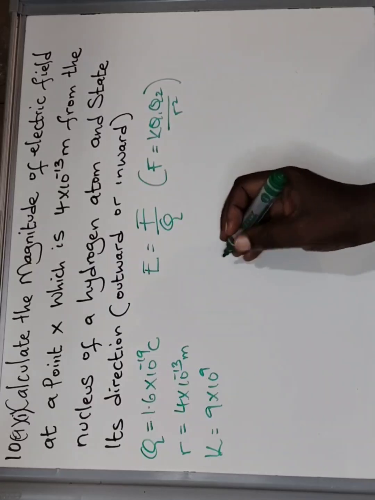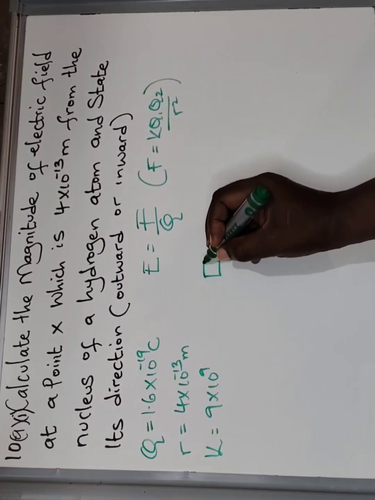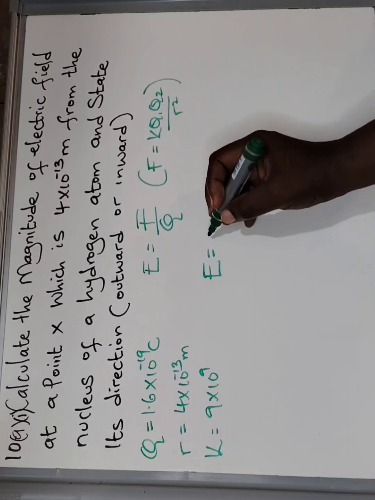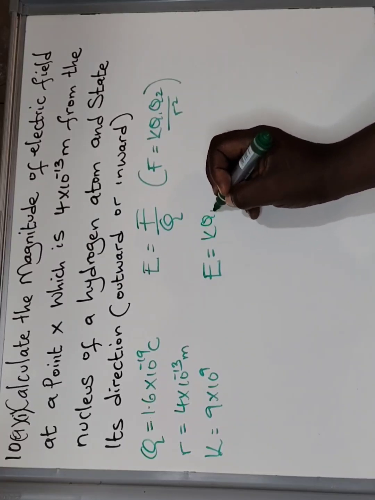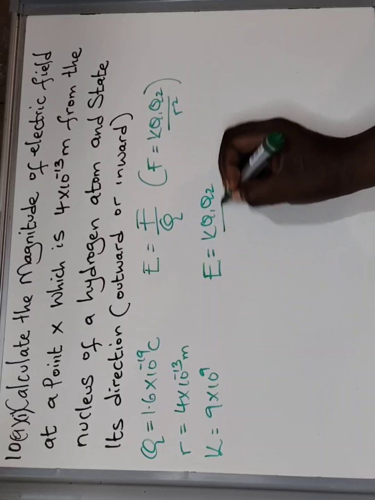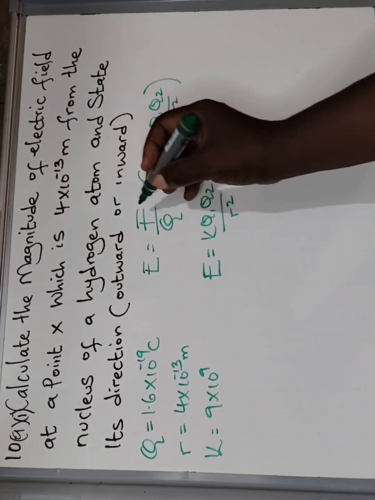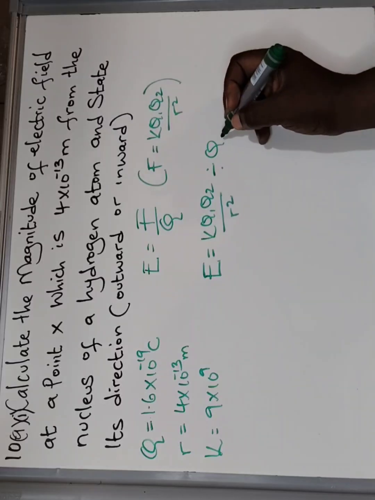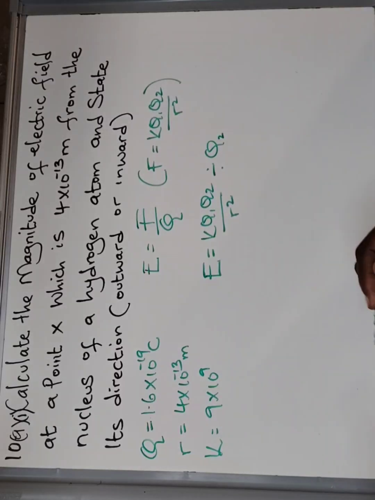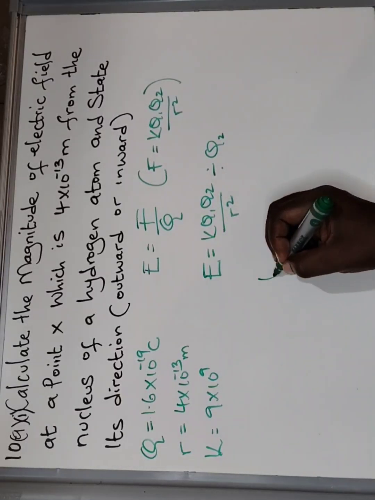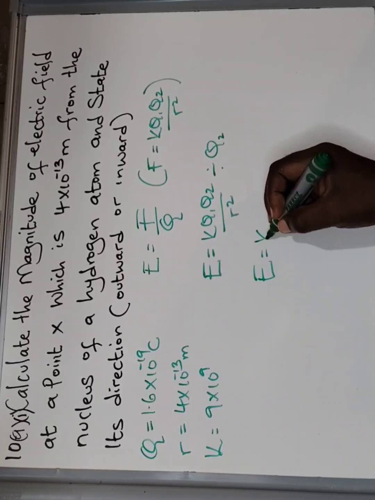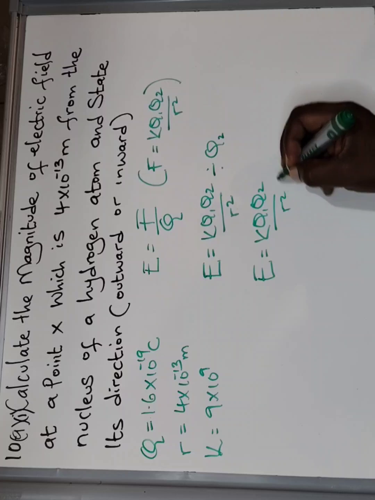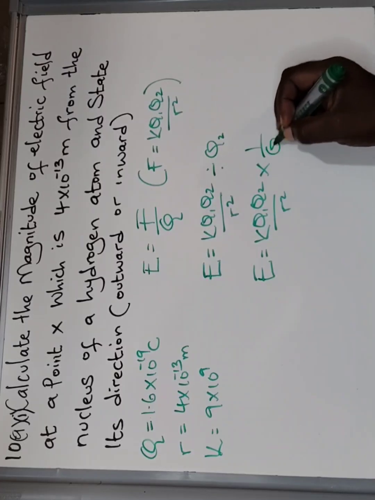So when you substitute for that F, we get E equals F, which is KQ1Q2 over R squared, divided by Q. This can be Q1 or Q2; suppose we make it Q2. So E equals KQ1Q2 over R squared times 1 over Q2.